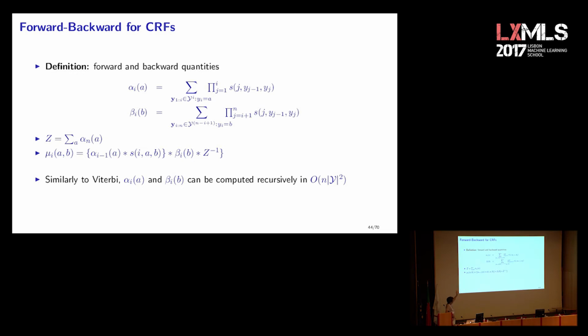The short story is that we can write dynamic programs that compute these quantities, by defining forward and backward quantities that are extended along the sequence. I don't think I have a quick way of explaining how you define the Z and the marginals using these equations. So there are two cases here.